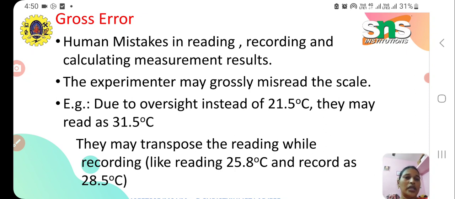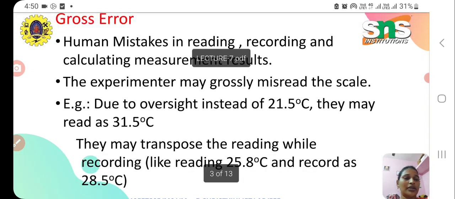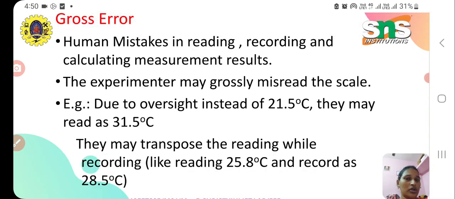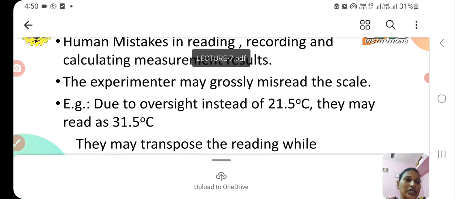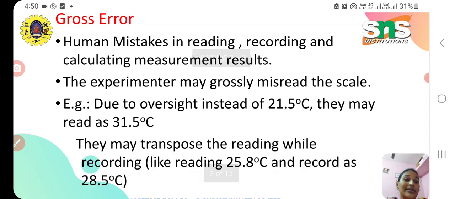When we, the persons taking the readings, take or record them in a wrong manner, or make some mistakes in calculations and proceed with the same, those errors come under the title gross error. Sometimes the experimenter, that is we, the humans, may grossly misread the scale. That is a major gross error that we face then and there.